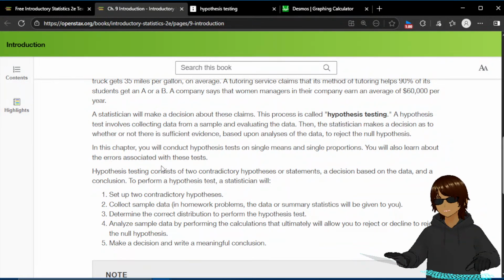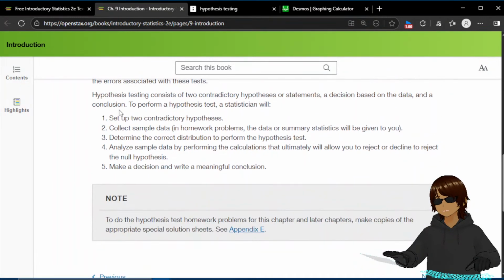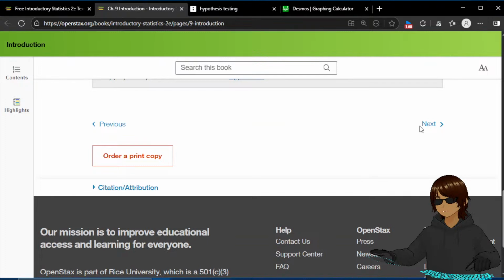You'll also learn about errors associated with these tests. To perform a hypothesis test, a statistician will set up two contradictory hypotheses, collect sample data, determine the correct distribution to perform the hypothesis test, analyze the sample data by performing the calculations that ultimately will allow you to reject or decline to reject the null hypothesis, make a decision, and write a meaningful conclusion.